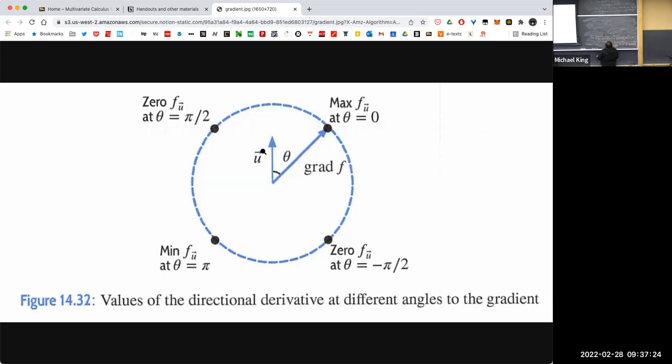Let's put bullet points here: bullet point 1, bullet point 2, and then bullet point 3 is that the gradient is perpendicular. Grad f at P is perpendicular to the level curve through P.